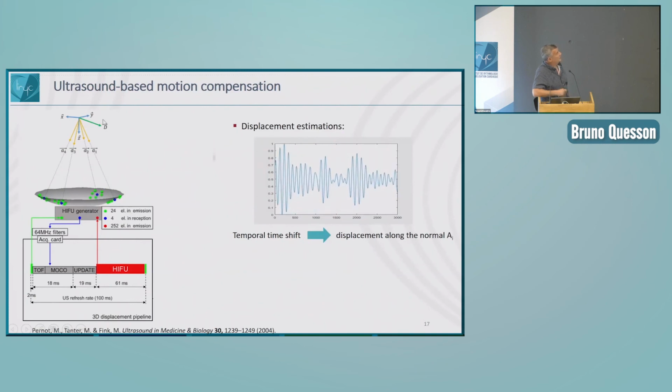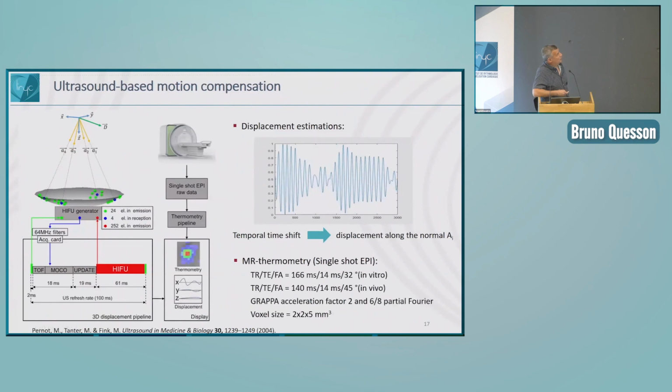If you do that, this means that you can estimate the position of your target, and you can then adjust the phase of the signals on each element of your transducer to follow the target. So you make a tracking, which is only ultrasound based.